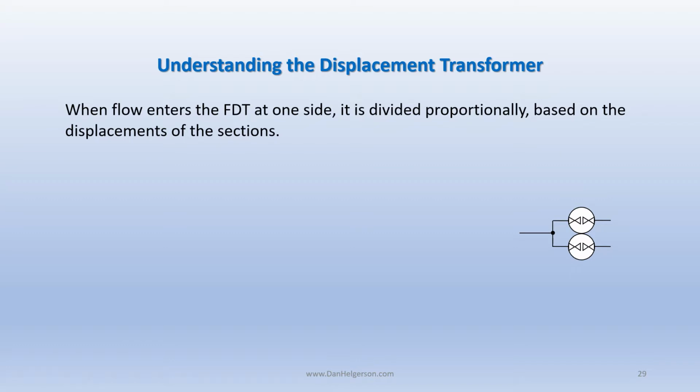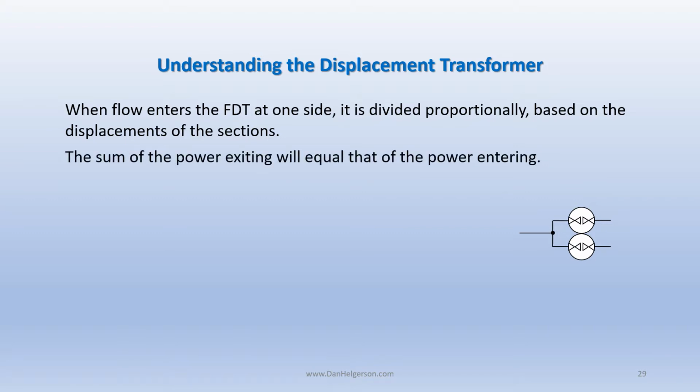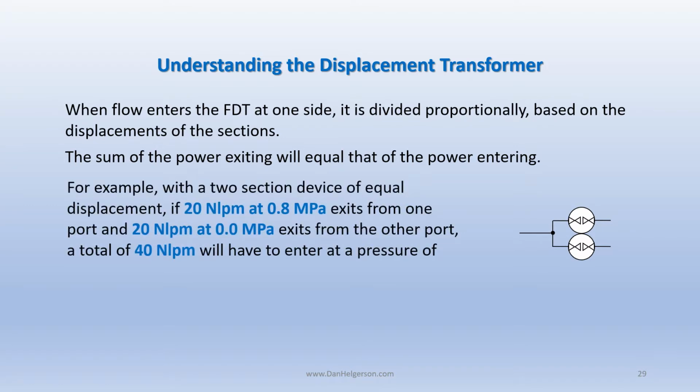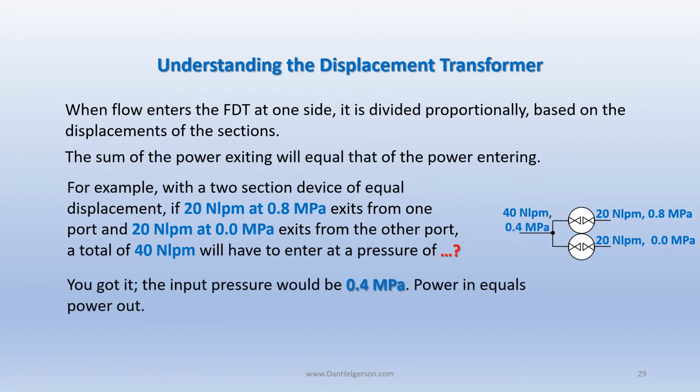When flow enters the FDT at one side, it is divided proportionally based on the displacements of the sections. The sum of the power exiting will equal that of the power entering. For example, with a 2-section device of equal displacement, if 20 normal liters per minute at 0.8 megapascals exits from one port and 20 normal liters per minute at 0 megapascals exits from the other port, a total of 40 normal liters per minute will have to enter at a pressure of, you got it, the input pressure would be 0.4 megapascals.